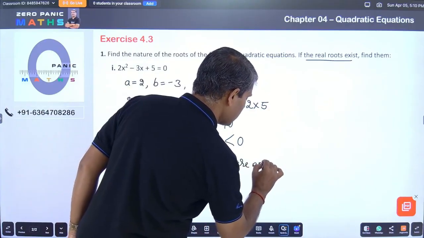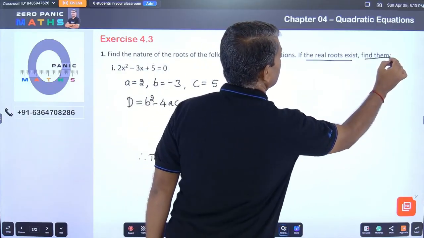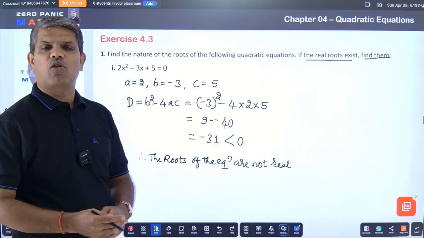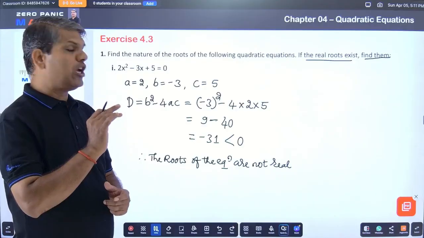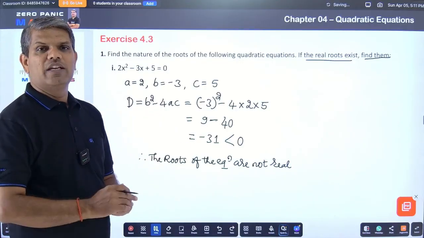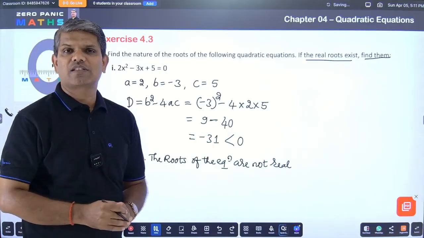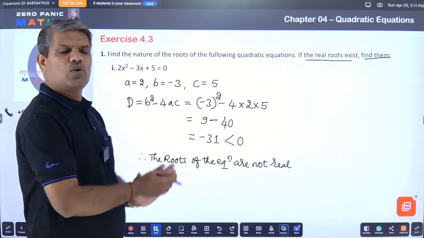Only if the roots are real will you have to find them using the formula x is equal to minus b plus or minus square root of discriminant divided by 2a. This formula we discussed in the previous session. So this is the solution of this problem.